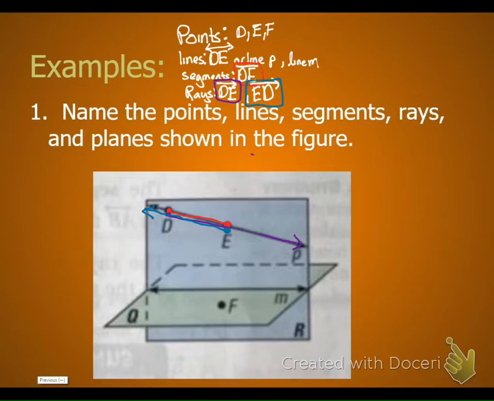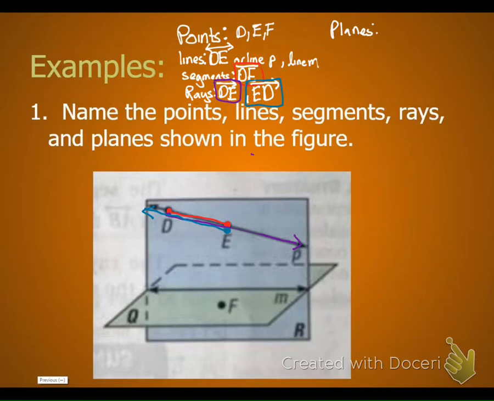Okay, next up, we have planes. So we've had 2 people name planes already. When we name planes, we can name it by 3 non-collinear points. But in both of these planes, the blue one here and the green one, neither of them have 3 points on them, right? This one has DE, and this one right here has just F. So there are no 3 points on either of the planes.